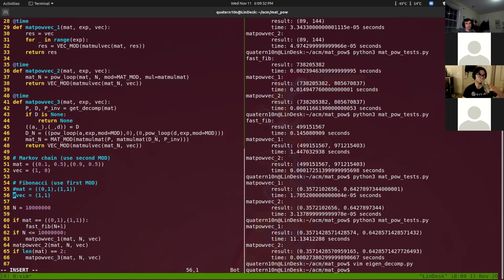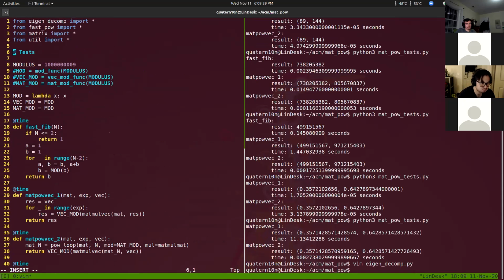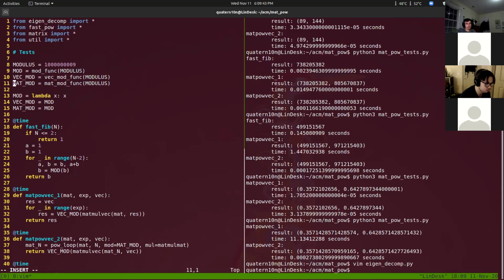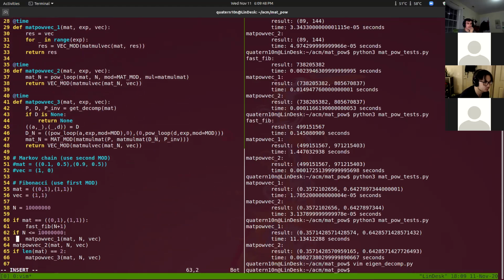So let me go back to the Fibonacci example here. I'll start back at a small number, so we'll go with 1. So 1 is just a single matrix multiplication. It doesn't seem like it would do a lot, but at the very least it shows you that this decomposition does in fact work.